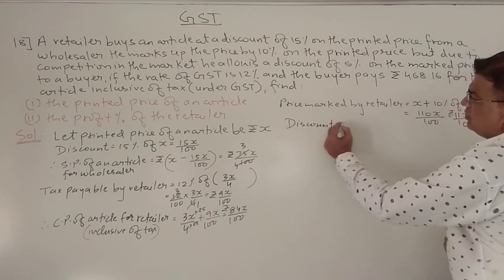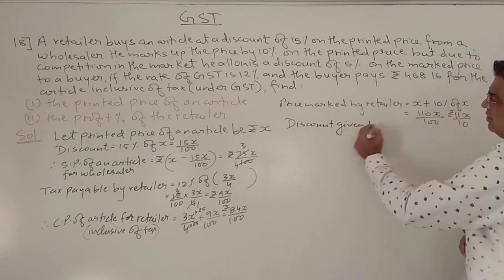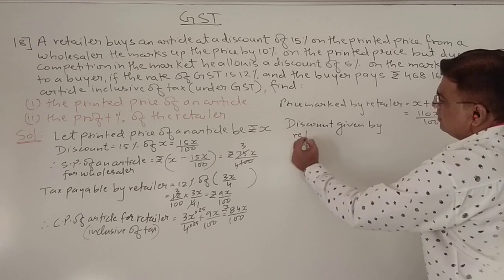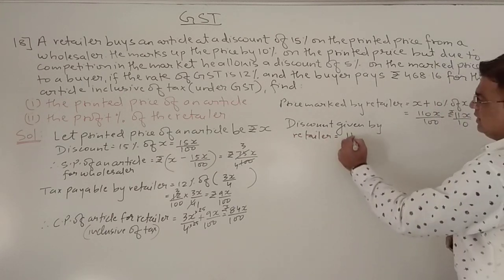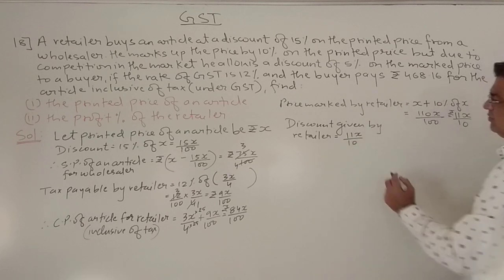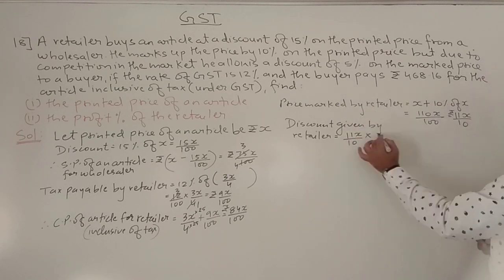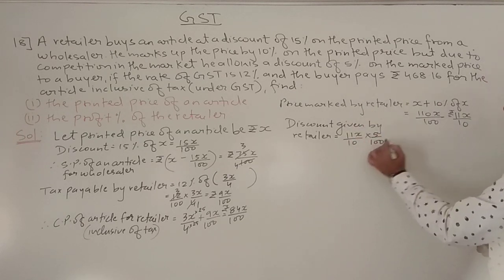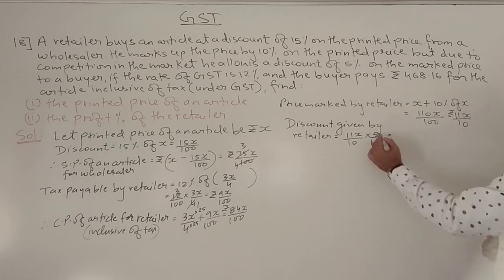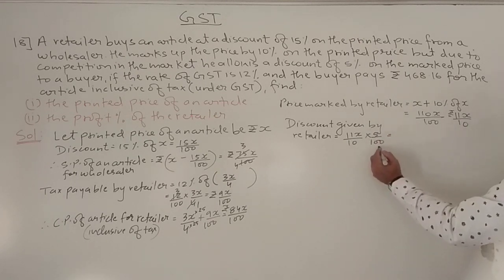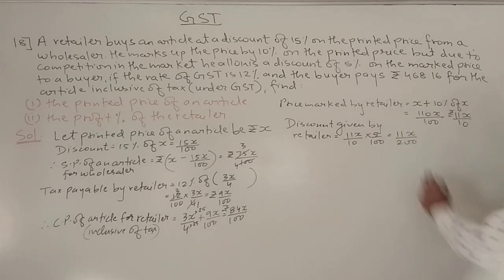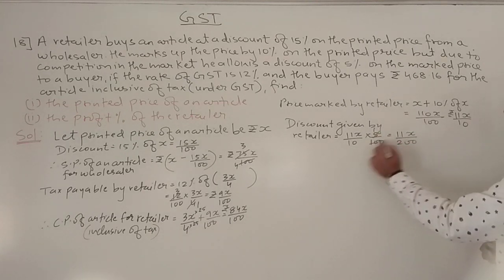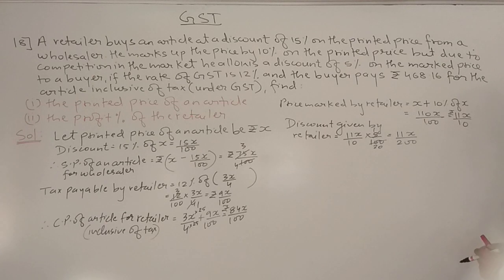So the discount given by the retailer, how much is it? 11x upon 10 into 5 upon 100. So when you calculate this, it comes to 11x upon 200, because when you do the cancellation. So that is the discount given.